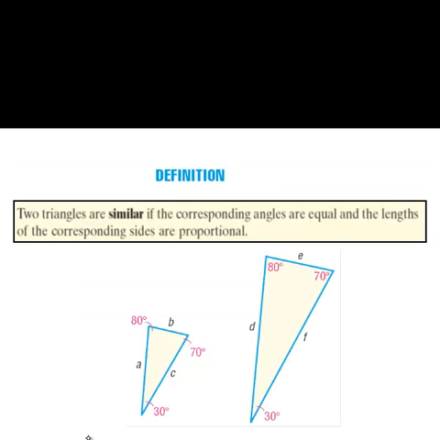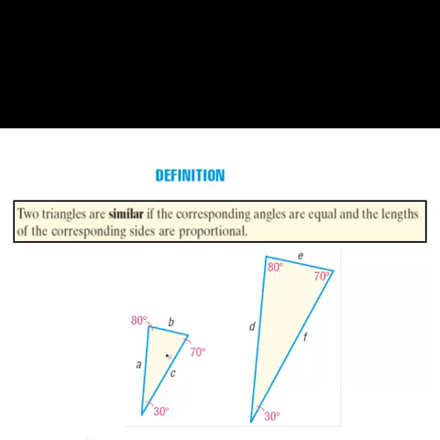Now I can honestly say we use congruency once in a while, but we use similarity of triangles a lot more often to make geometrical arguments. Now, two triangles are similar if the corresponding angles are equal and the lengths of the corresponding sides are proportional.